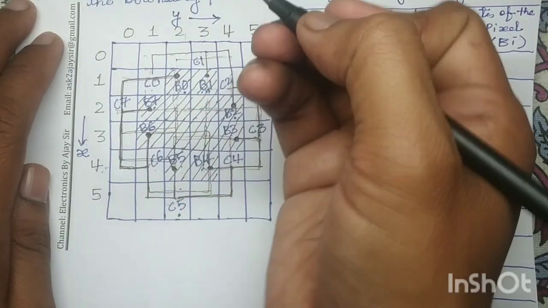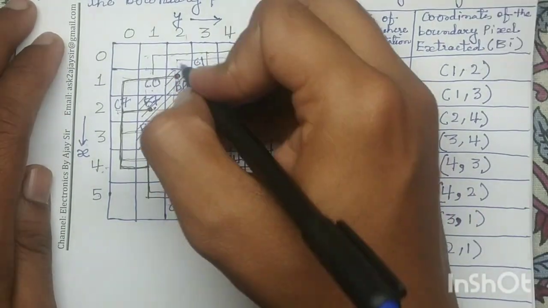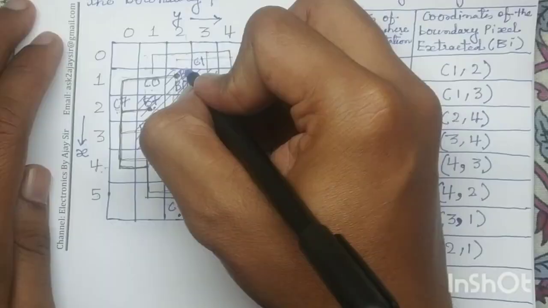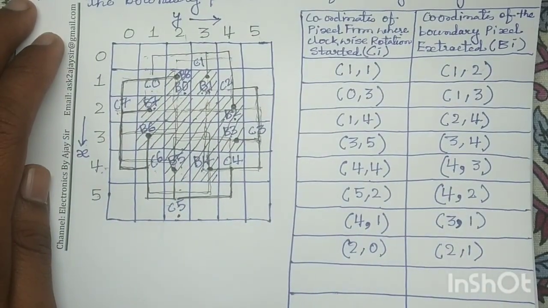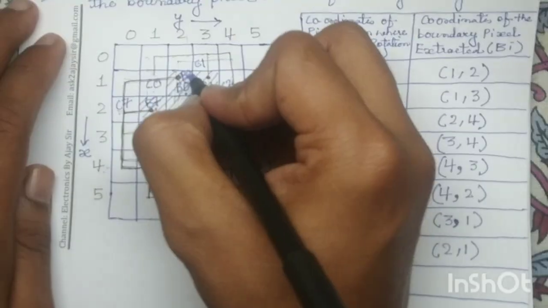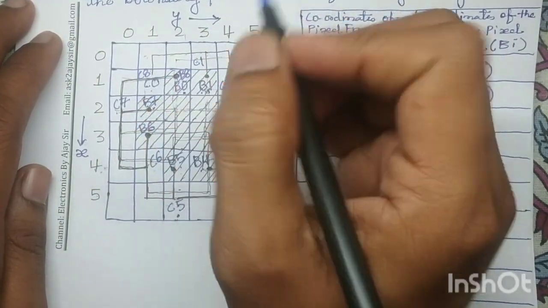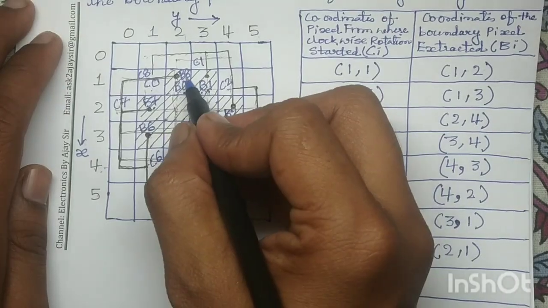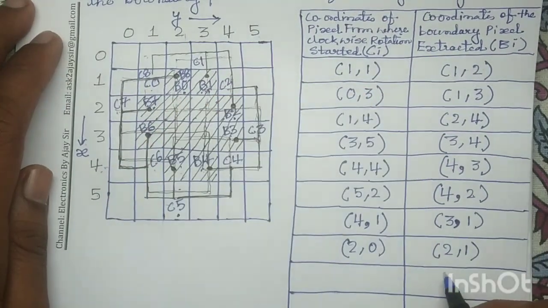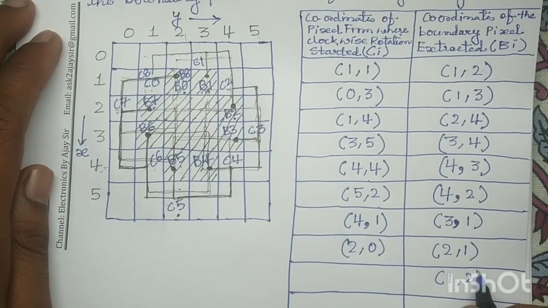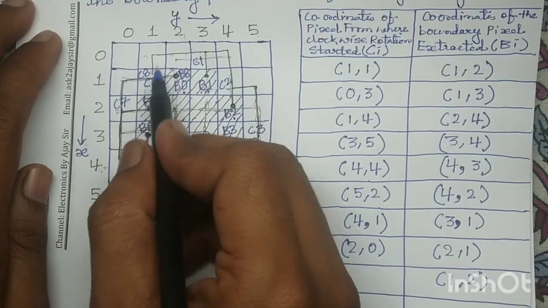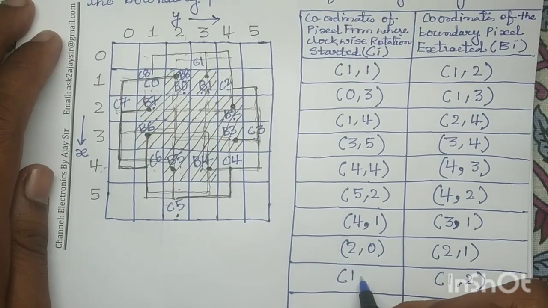So let us mark this point as B8. And before reaching B8, this is my background pixel. So we will mark it as C8. The coordinate of B8 is 1, 2. And the coordinate of C8 is 1, 1.